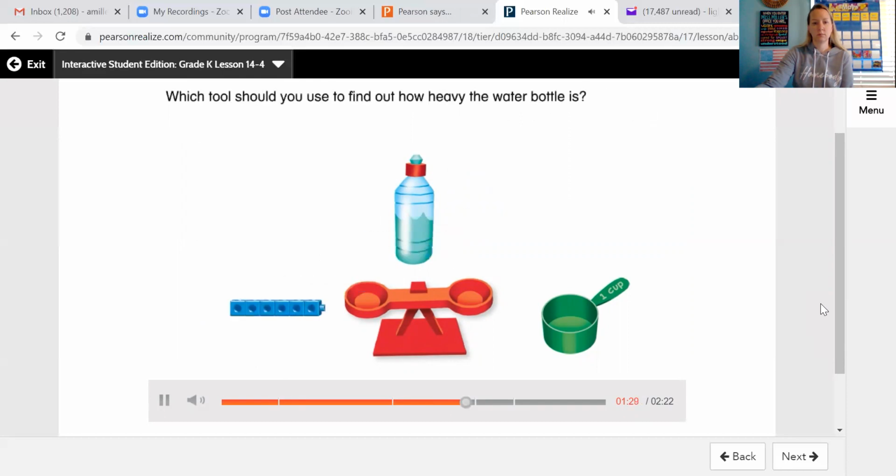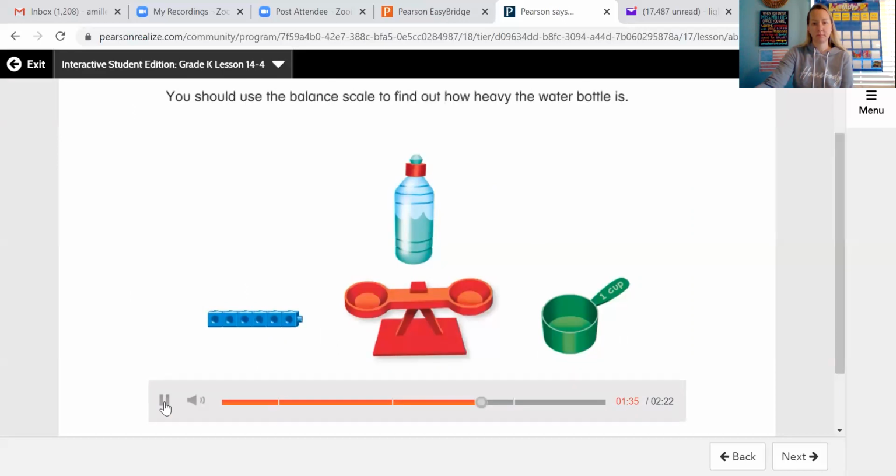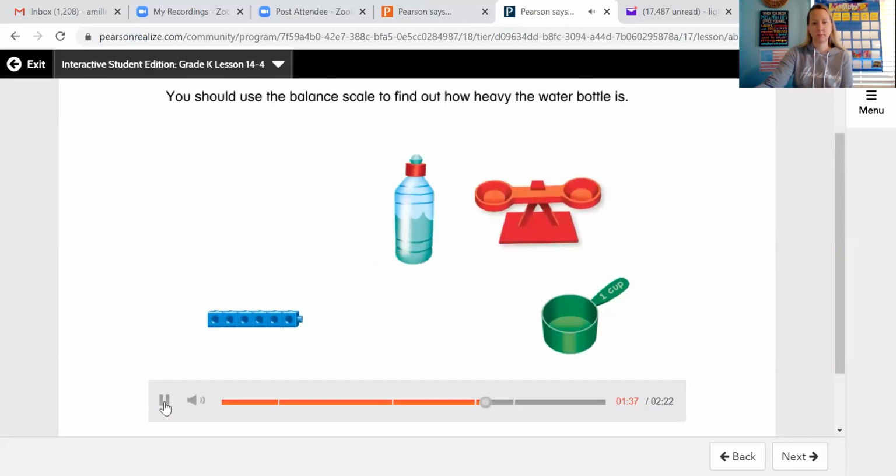Which tool should you use to find out how heavy the water bottle is? You think about that for a sec. Which tool did it say you would use to figure out how much something weighs? Cube train, balance scale, or measuring cup? Let's see if you're right. You should use the balance scale to find out how heavy the water bottle is.